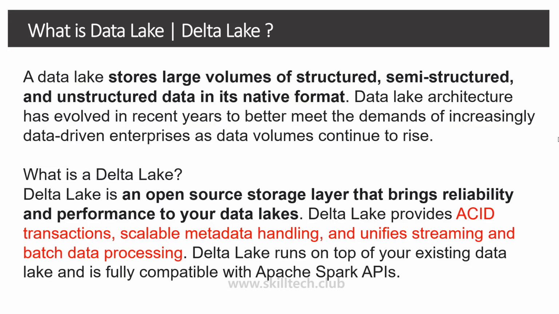We are living in a world where data is increasing every day, and the data lake, which was invented a few years ago, has had some evolution inside it. This evolution has changed the data lake structure also, and from that we got something known as delta lake.